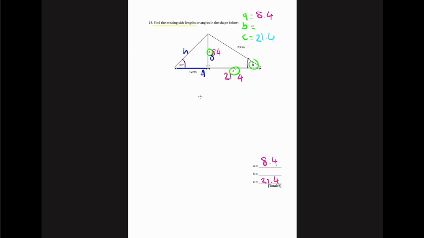So to find B, we will need to do B equals tan minus 1 of 8.4 divided by 21.4. This is because we're finding the angle this time, and not just the side. So put in your calculator, tan minus 1 brackets 8.4 divided by 21.4. This will give you B equals 21.4. There you go.